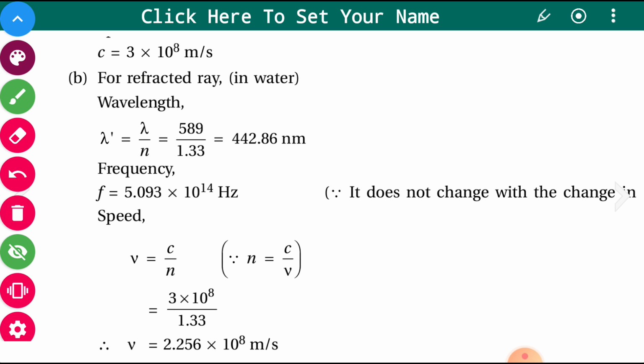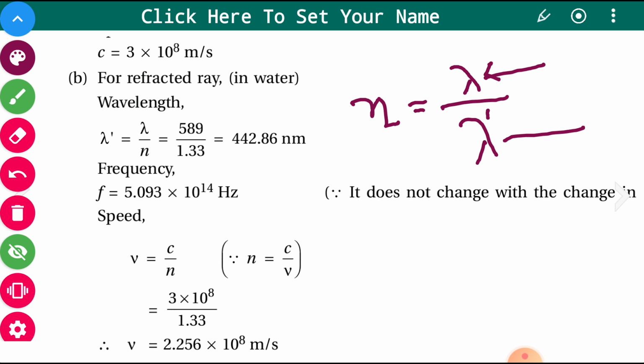As you know, refractive index is the wavelength of light in the first medium, from where the light is incident, divided by the wavelength of light in the medium where the light is moving. So this is the wavelength in medium 1, this is the wavelength in medium 2. So it is lambda upon lambda prime, that is n.